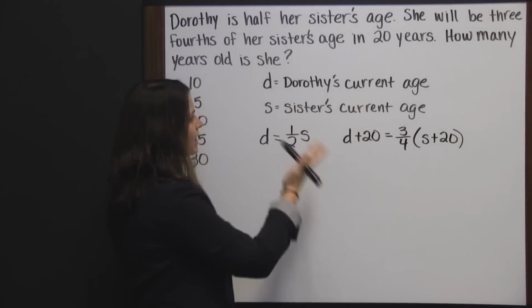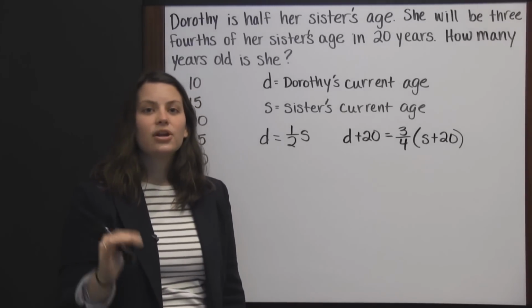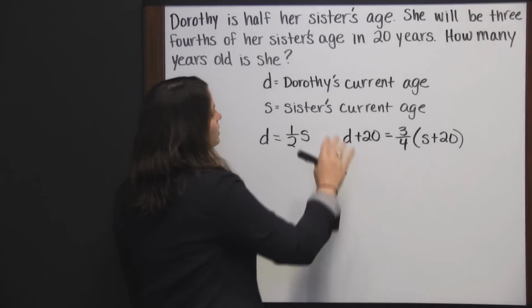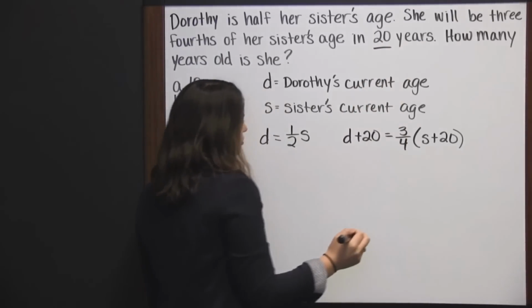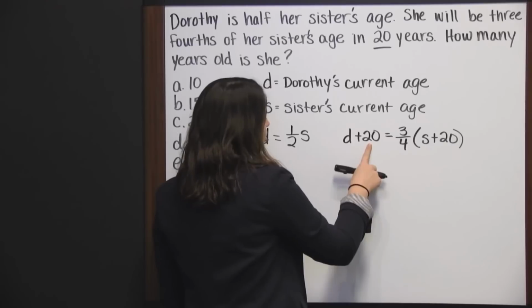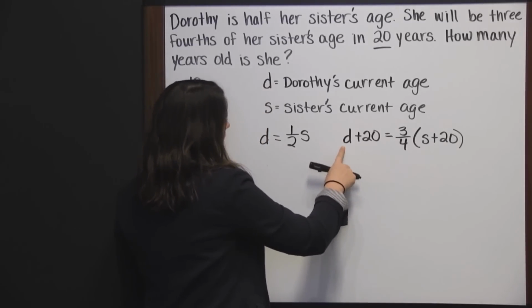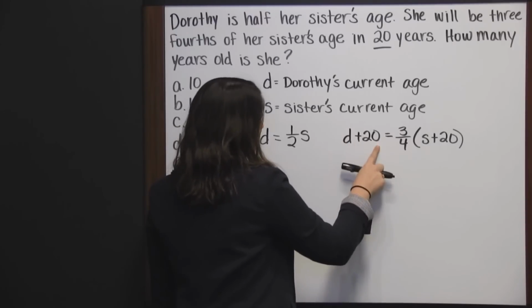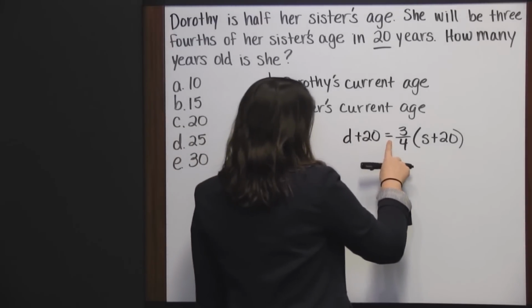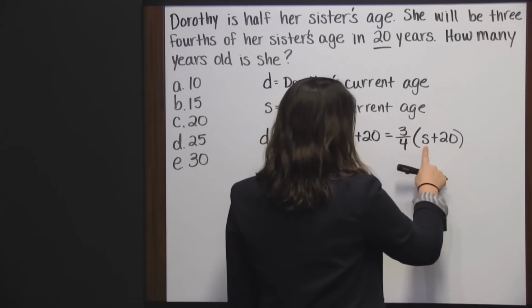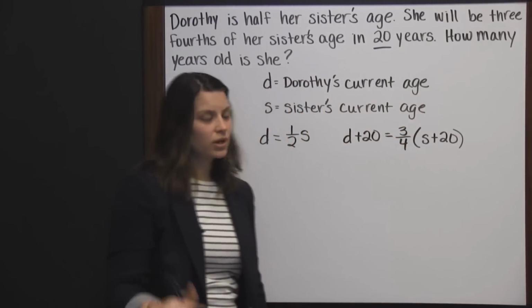Remember that D and S were Dorothy and her sister's current ages. So when they talk about in 20 years, that means we have to add 20 to their current age. So Dorothy's age in 20 years, so plus 20, will be, or equals, 3/4 of her sister's age, also in 20 years.